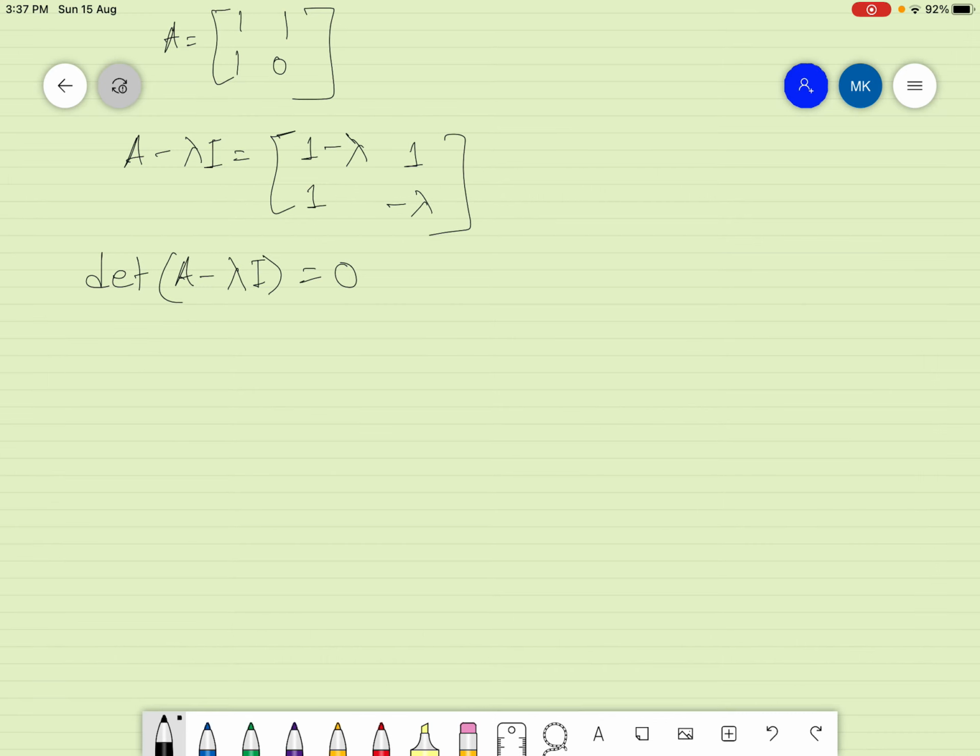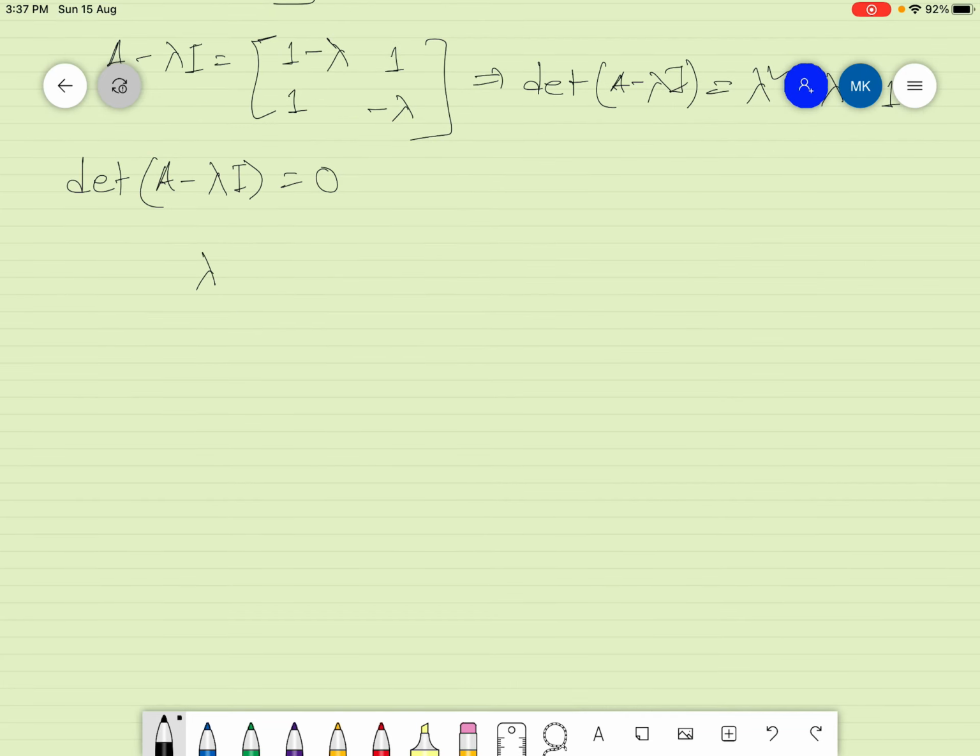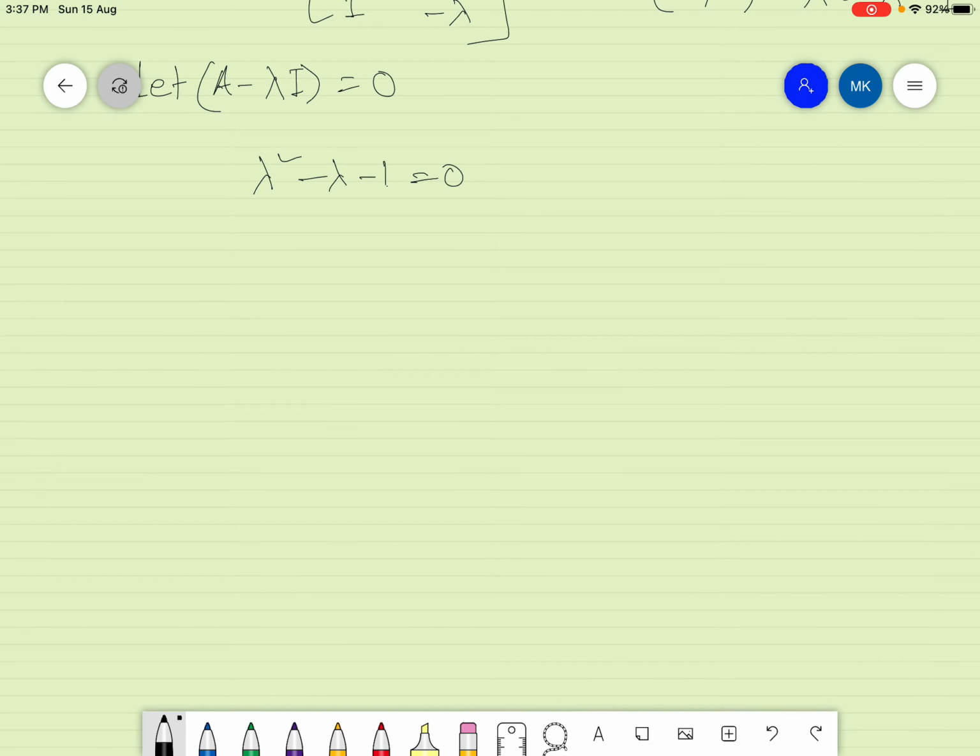From this, the determinant of A minus lambda I should be lambda square minus lambda minus 1. So lambda square minus lambda minus 1 equals 0.